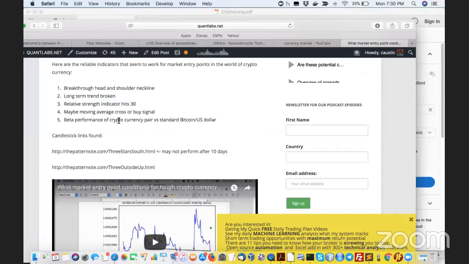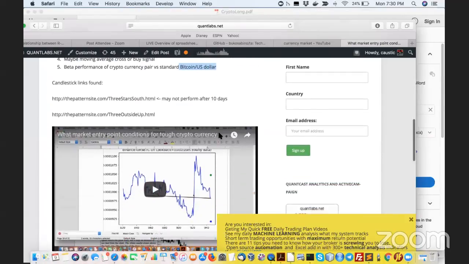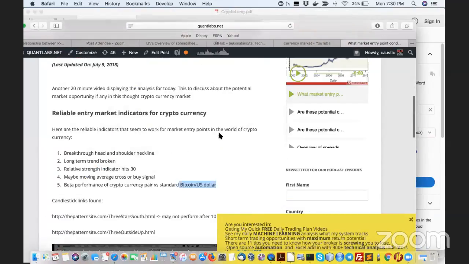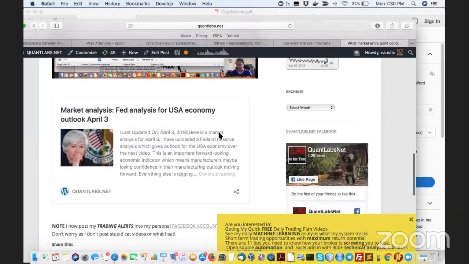This is no different because you want to make sure that cryptocurrency pair is outperforming the Bitcoin versus US dollar. And that's pretty well it. And I want to focus on that next week. And I'm hoping I have some examples for that in a simulated mode. But once I get that working, that is going to be the crucial file to watch for market entries.